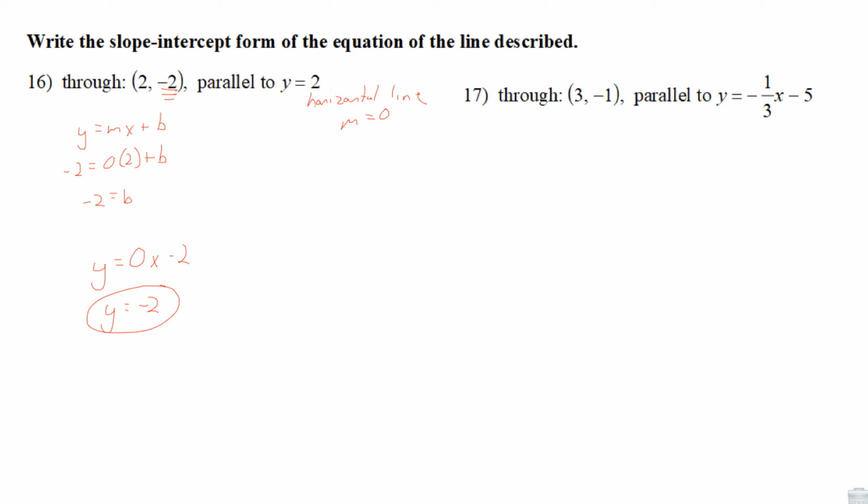Coming over to this next one here, number 17, we'll use point-slope form. Y minus y sub 1 equals m times the quantity x minus x sub 1. We want our line to be parallel to this one, so we want the slope to be the same. So we want it to be negative 1/3. So now we can plug in our point and our slope.